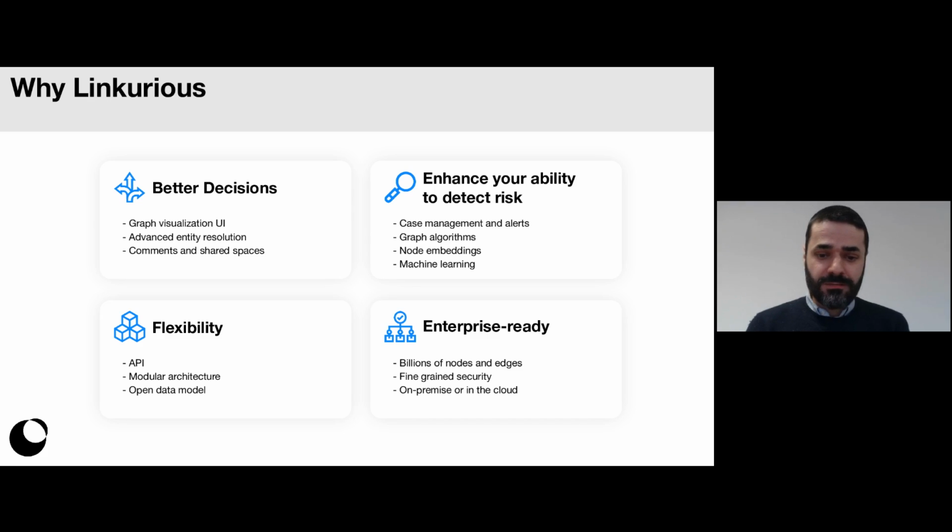So we have clients that just want to have a graph database and Linkurious Enterprise to do some detection and investigation. Other clients will want to enrich that with advanced graph analytics capabilities with Neo4j GDS, for example, or with entity resolution capabilities with software such as Senzing.